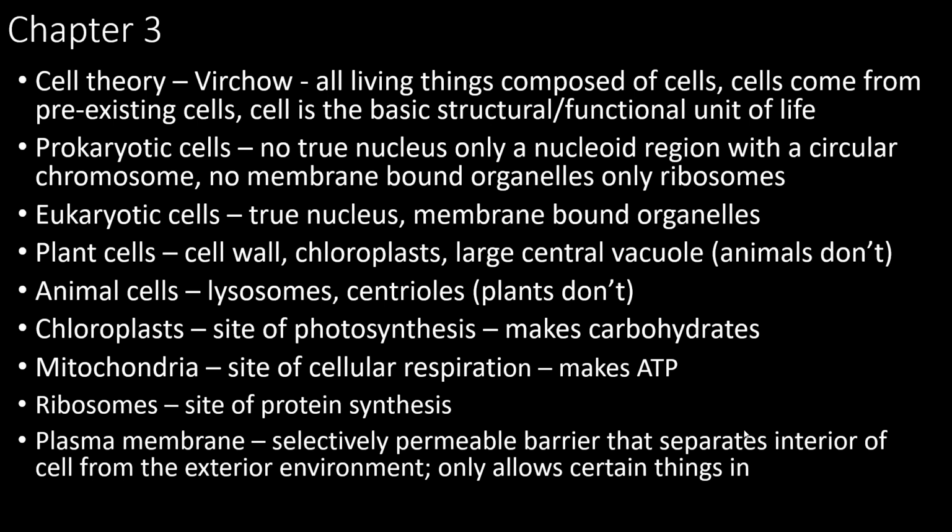We also have ribosomes, which are the site of protein synthesis. This is where proteins get made in the cells. And then we also have the plasma membrane. If you'll recall, the plasma membrane is selectively permeable. It doesn't allow anything and everything to move through. It picks and chooses. It's also the separation between the inside and the outside of the cell.